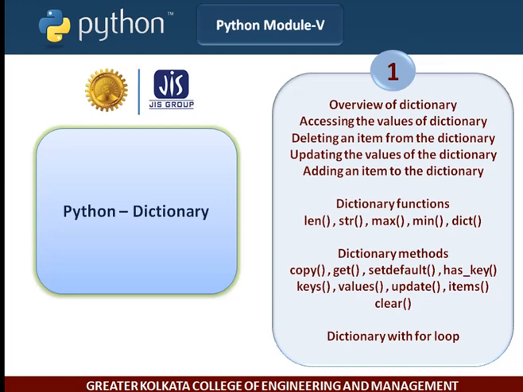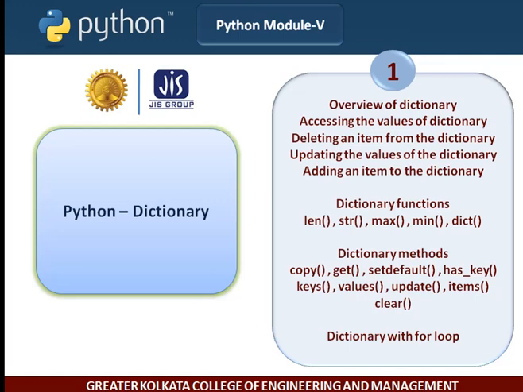And the dictionary methods that we learn in this module 5: copy, get, setdefault, hash key, keys, values, update, items, and clear.